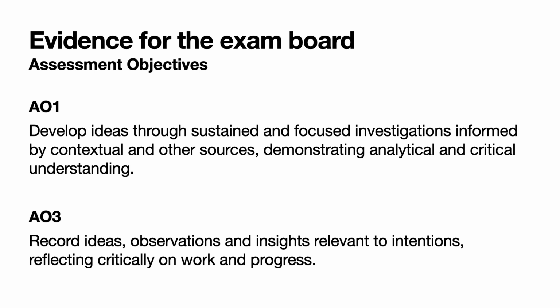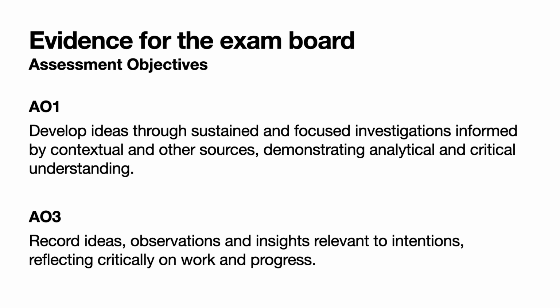And the key takeaway of that is that we are looking at ideas to be informed by context. So the contextual association will be artists and their work, and we need to demonstrate analytical and critical understanding. The two ways that we can demonstrate analytical and critical understanding are through visual and written language, and we'll come back to that later.